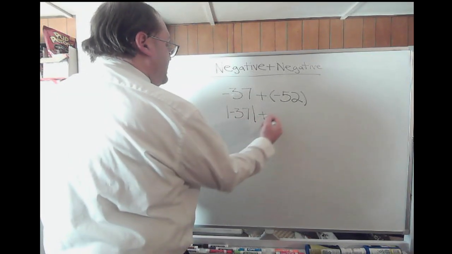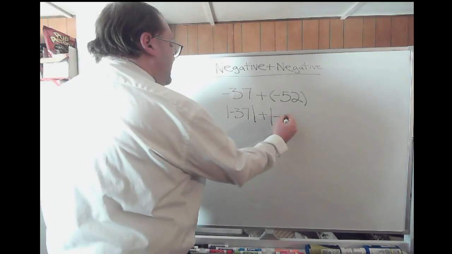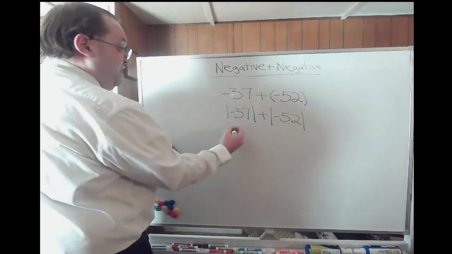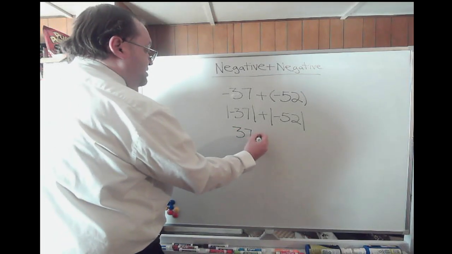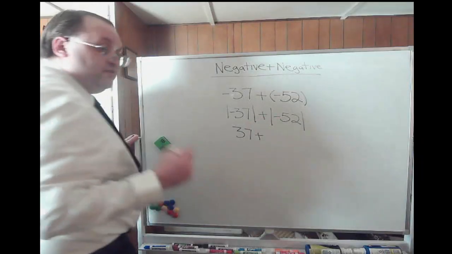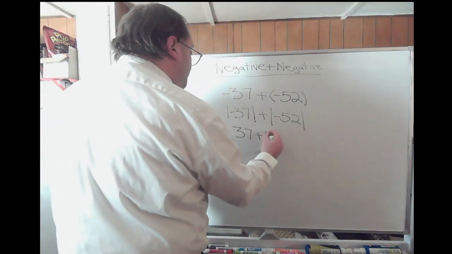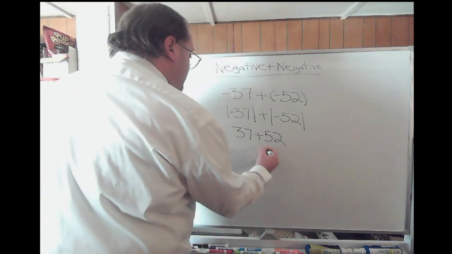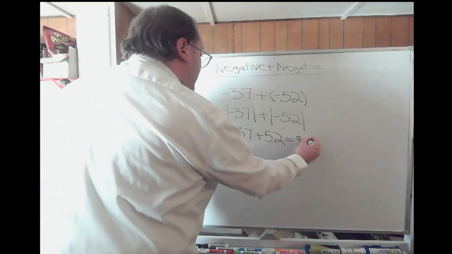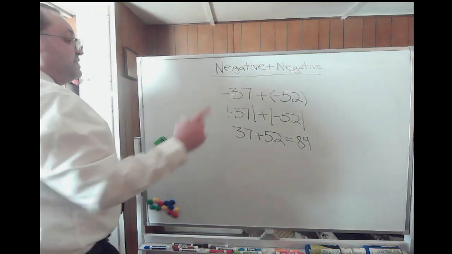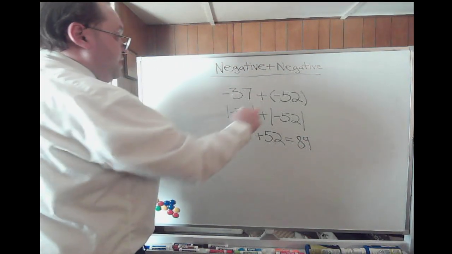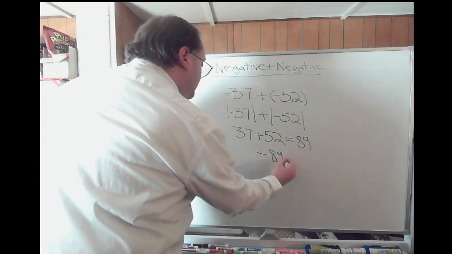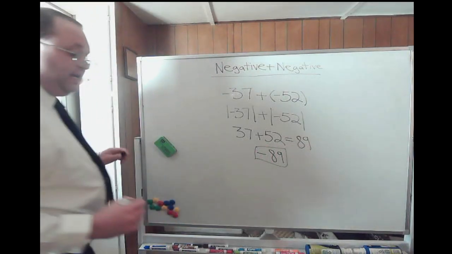So you'll have the absolute value of negative 37 plus the absolute value of negative 52, which the absolute value of negative 37 is positive 37. You'll still have plus, then the absolute value of negative 52 is 52. So then you add these two together, 52 plus 37, that's going to be equal to 89. However, since both terms in the original equation are negative, you'll just tack on a negative sign in front of that 89. So your answer would be negative 89.